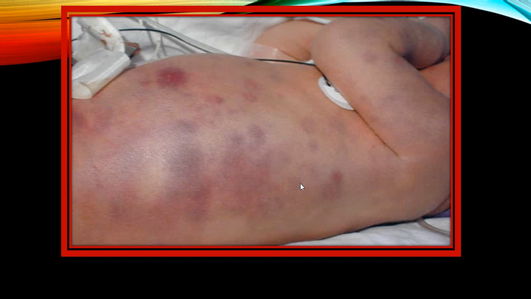This has a clinical significance, which is that it may be associated with increased risk of hyperbilirubinemia, because these patches are a part of concealed hemorrhage or extravascular hemorrhage, and after hemolysis it will lead to development of neonatal jaundice.